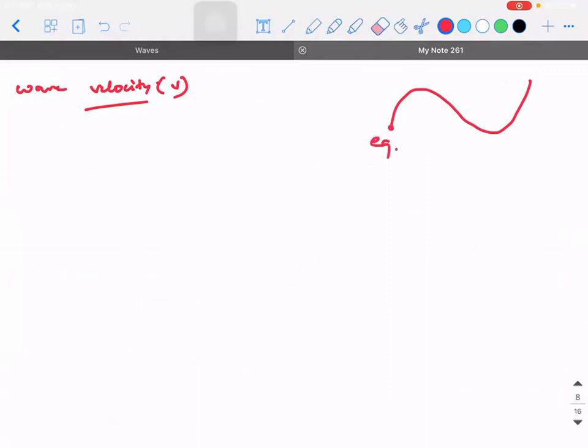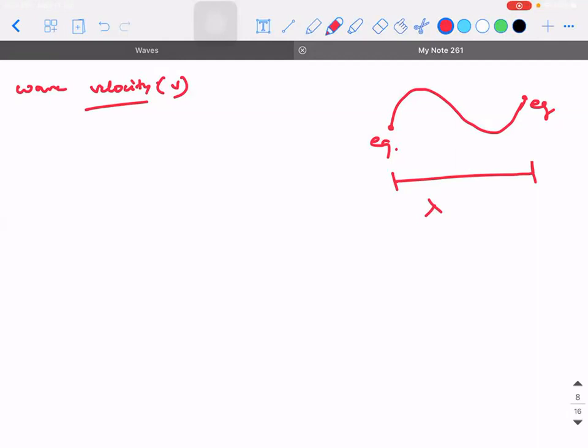It is ending at equilibrium. Okay, accepted. Now, how much distance has it covered in one full oscillation? Lambda. That is one wavelength, right? How much time did it take to complete one oscillation?